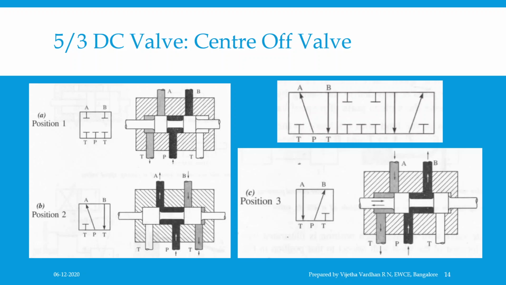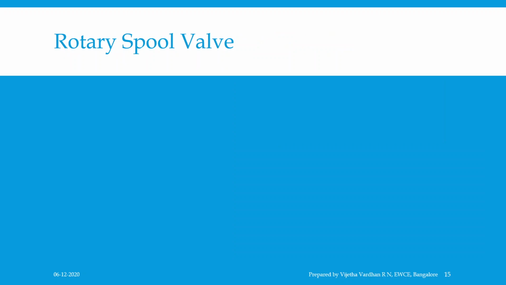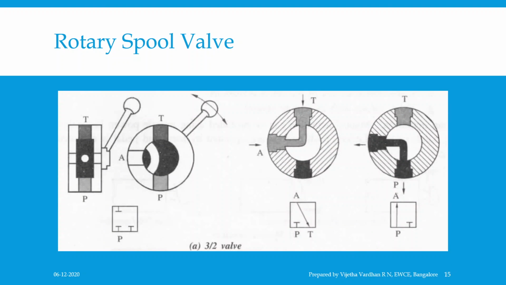In the normal position, a combination of center connections can be achieved, which you can see in the complete illustration in this figure. Then coming to the rotary spool valve, a rotary spool valve consists of a rotating spool that is fitted into a circular valve body with close tolerance.